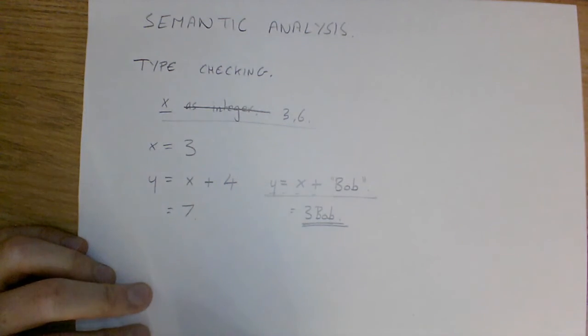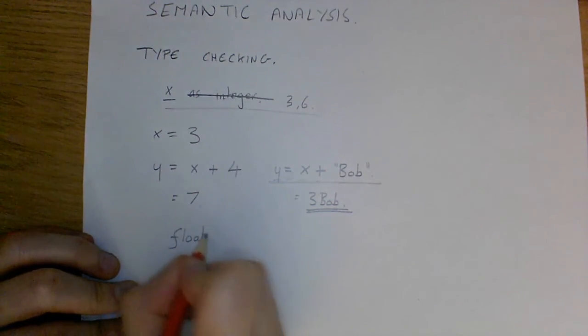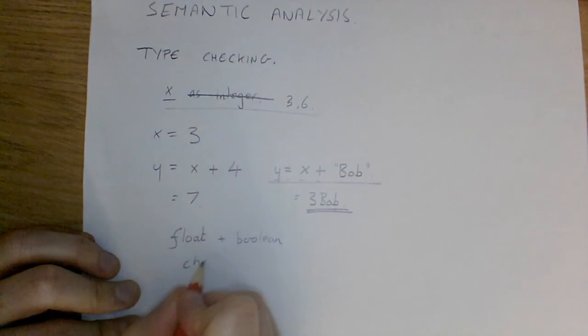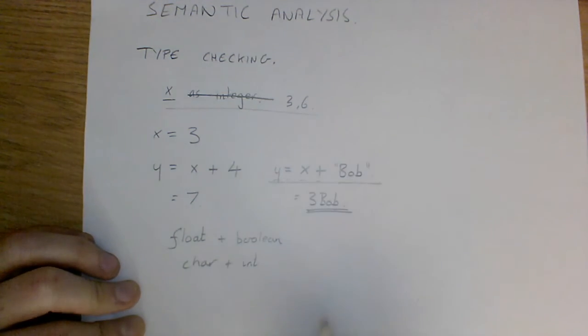So what we say is we have mismatched our types, and you can do this with a lot of different types as well. You could try doing a float and trying to add it to a boolean. You could try adding a character to an integer, for example, very similar to what we've done here.